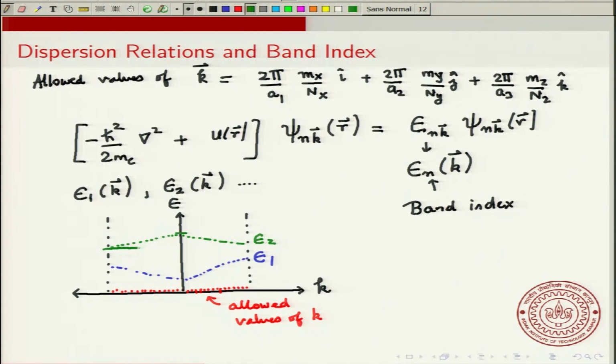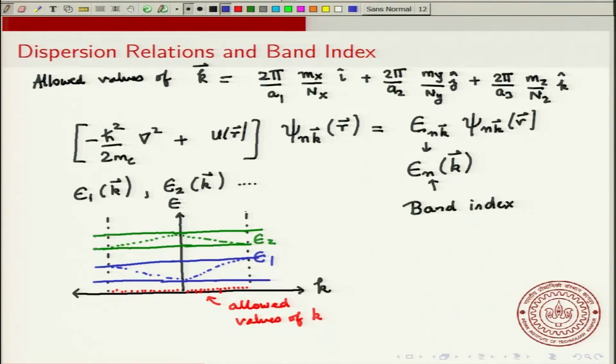So, this is a range of values of epsilon 2. Epsilon 2 can be anywhere in this range of values. Similarly, epsilon 1 can be anywhere in this range of values. So, there is a range of values of epsilon 1 and epsilon 2.